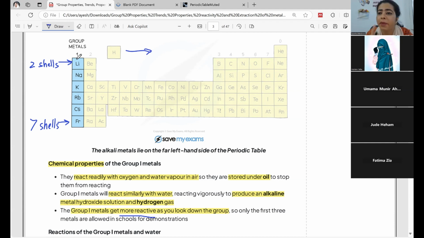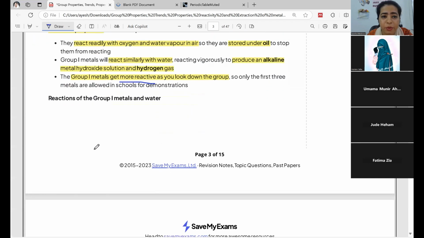We are talking about only metals in group 1, so it starts from lithium till francium. So lithium is in the second row, 2 shells. Third row, 3 shells. 4, 5, 6, 7. The last one is the 7th row, 7 shells. Okay, so the second shell is closer to the nucleus, hard to remove the electron, and the 7th shell is away from the nucleus, easy to remove the electron. So that's all about the chemical properties of group 1.